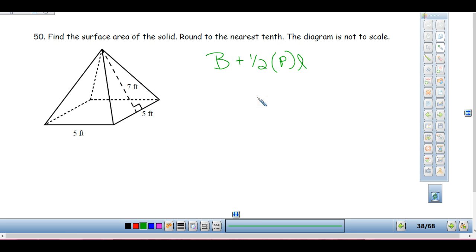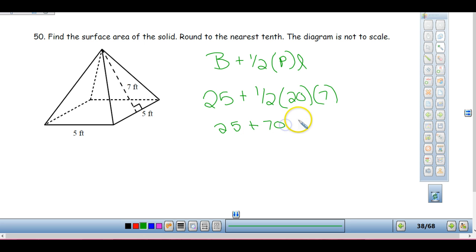So the area of my base is going to be 25 plus 1/2 times 20, that's my perimeter, 5 plus 5 plus 5 plus 5, times my slant height is 7. So 25 plus 70 is what we're going to end up with there. So 95 feet squared, because we're talking area.